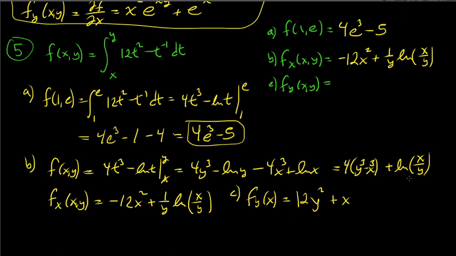So the derivative of x over y squared is negative x over y squared, right? Yeah, so negative x over y squared times the natural log of x over y. Yeah, so I think that's it. So 12y squared minus x over y squared log of x over y.